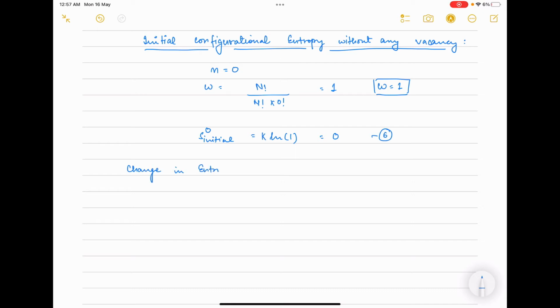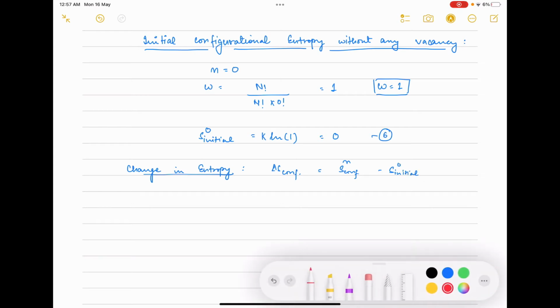So what is the change in entropy now? When n vacancies are created, delta S configurational is equal to S configurational n minus S initial for 0 vacancies, and this is 0.